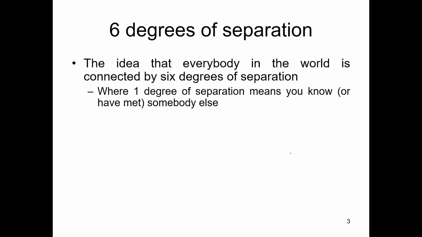Now 1 degree of separation means you know or you have met somebody else. If you remember the example that I have given, you can comment down below in the video.